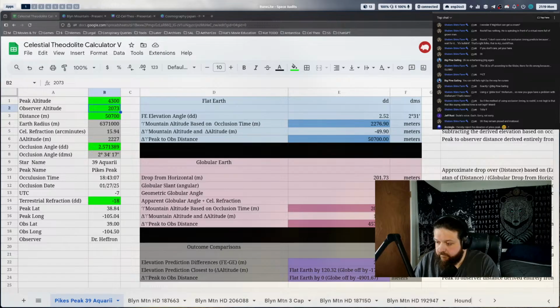No, that was great, but here's an even better point, right? If you have the height of the mountain and the occlusion angle of the star, you don't need to know your distance. You can basically get the baseline of the triangle from those two variables, and if you derive your baseline, your distance, from those two variables, it matches what the actual distance was away from the mountain.